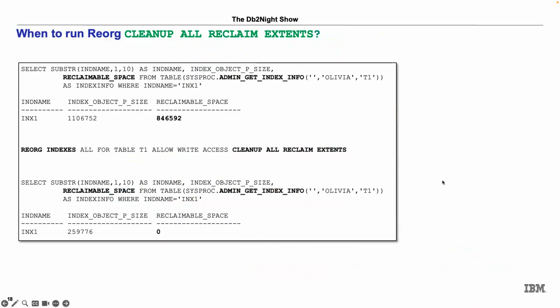This can be achieved by checking the reclaimable space from the admin get index info. Once you see the indicator here, then you can try the index reorg cleanup all and the reclaim extents to get the space returned back to the table space.